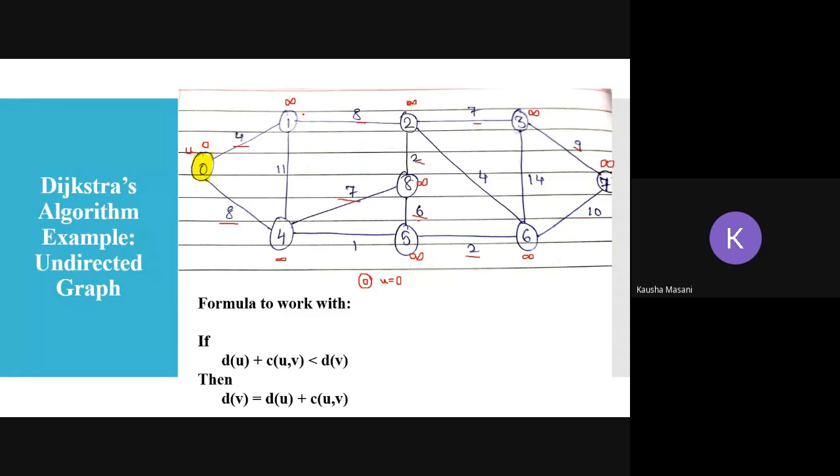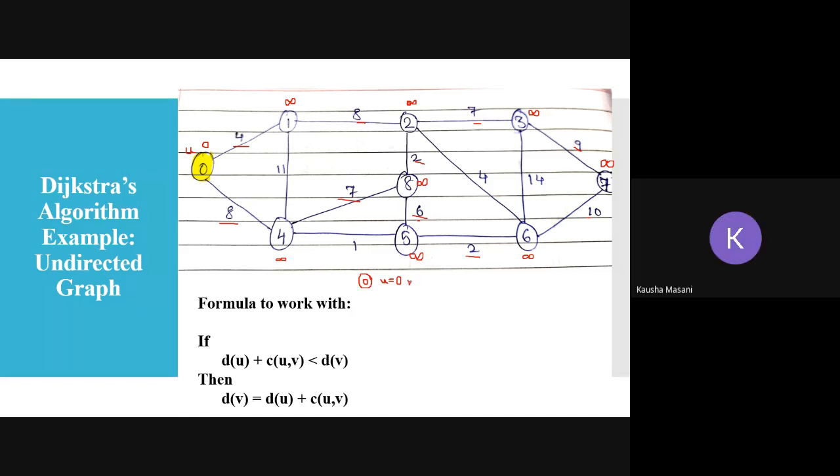Now check from your source vertex 0. How many vertices can you reach directly? 2. And which are your directly reachable vertices, online students? 1 and 4, correct?